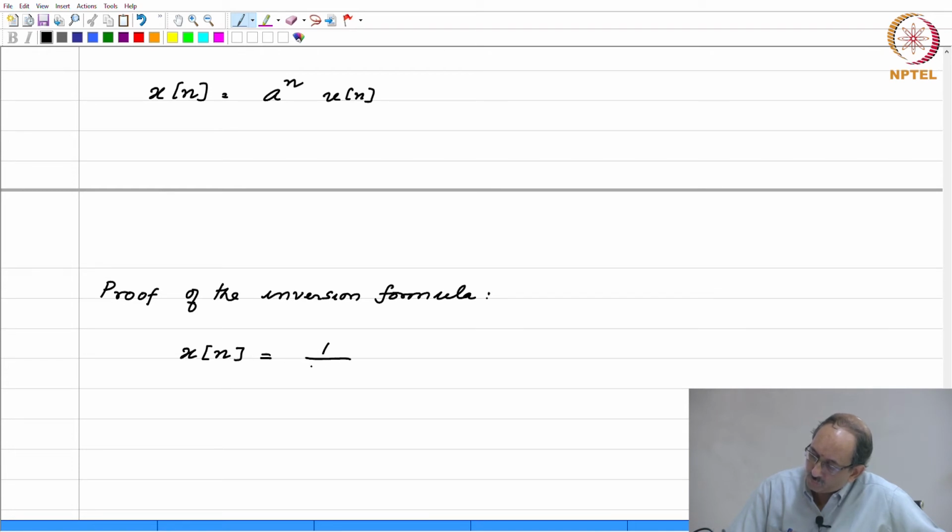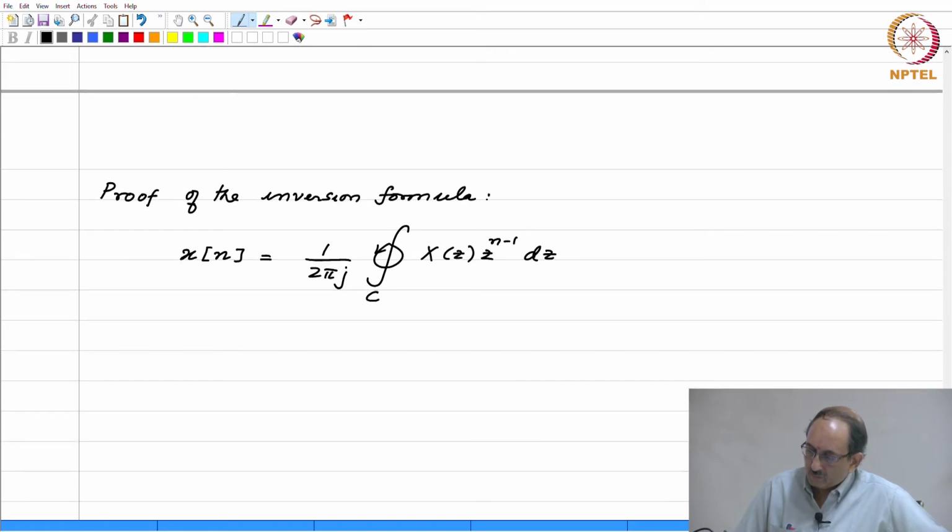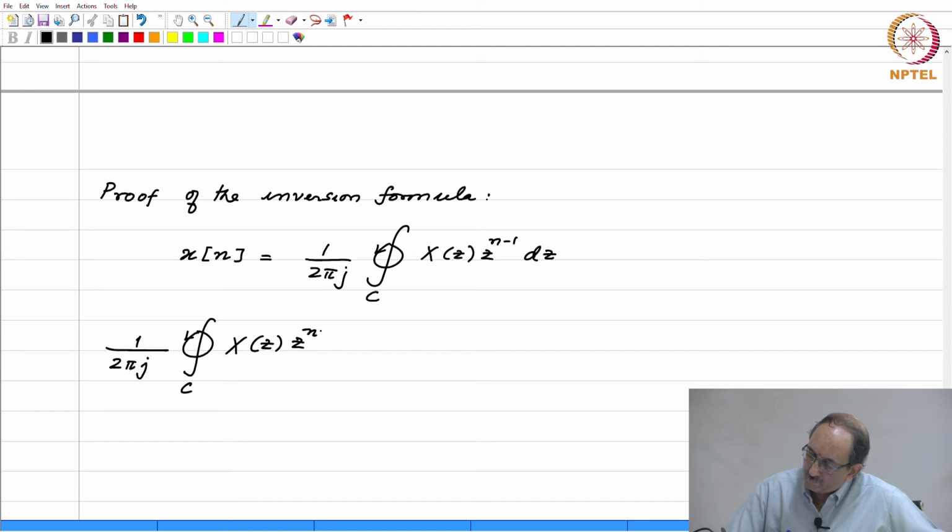So, this is what we want to prove. What we will do is we will start off with this, and then we will replace x of z by the z transform.